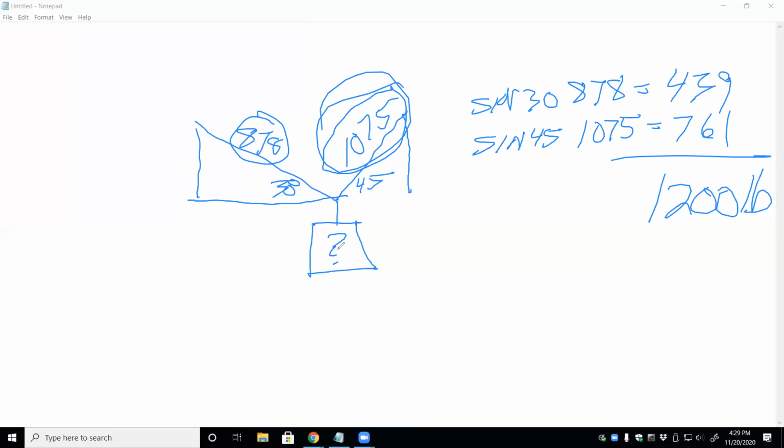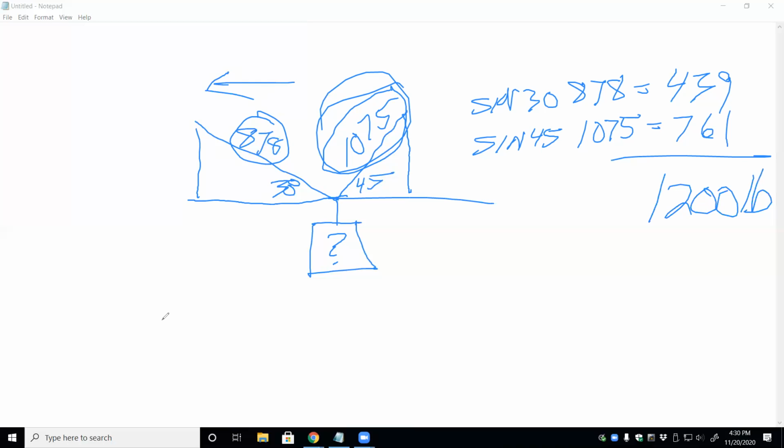If that weight was more than 1,200 pounds, then the tension on these cables would be higher. Now, the other thing I know about this problem is that the lateral, the horizontal force, is the cosine of 30.